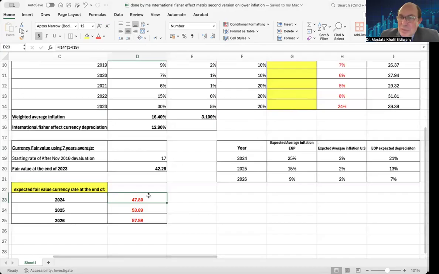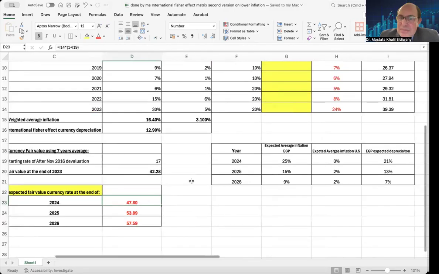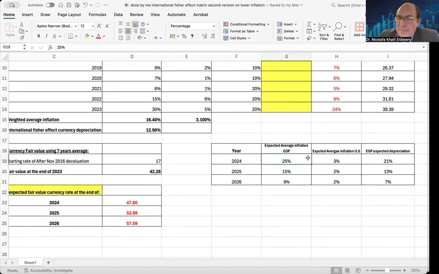My expectation for 2024 was that the value of the dollar to the Egyptian pound should be in the range of 47 to 48, on the expectation that the inflation rate of Egypt would average 25% and the inflation in the US would average 3%, giving a depreciation of 21% in the Egyptian pound through this year.